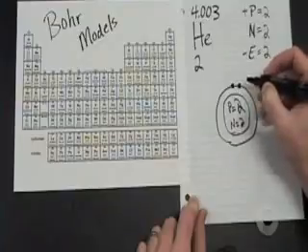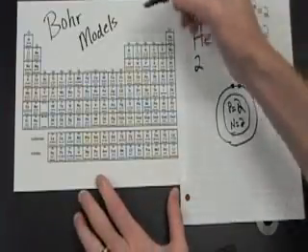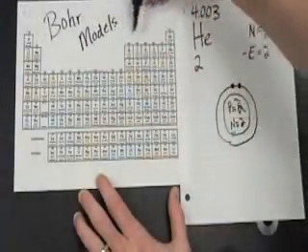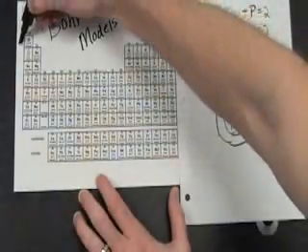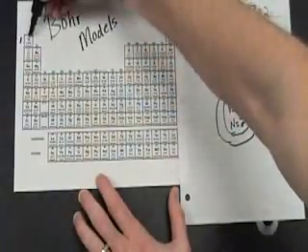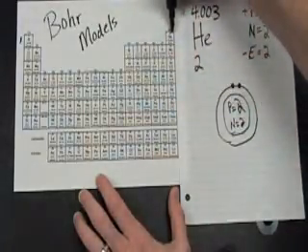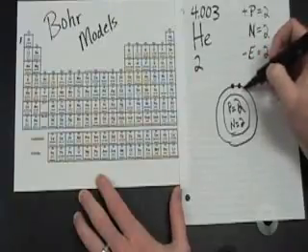Here and here. Now, for the first shell of a Bohr model, we can look over here at the periodic table. On the periodic table, the first shell corresponds to the first period. Periods go side to side. Groups and families go up and down. So here's the first period right here, and in the first period you can see there are 2 elements. Since there are 2 elements in the first period, you can only fit 2 electrons in the first energy level.